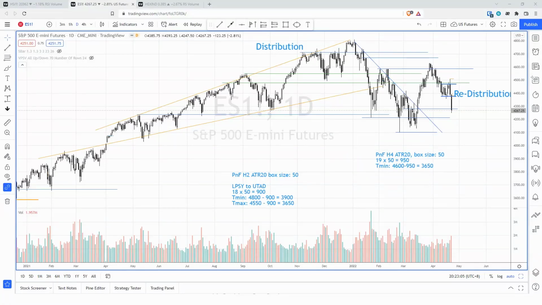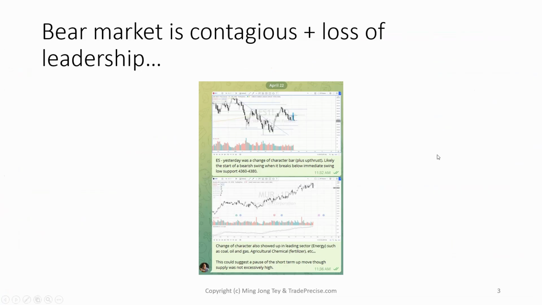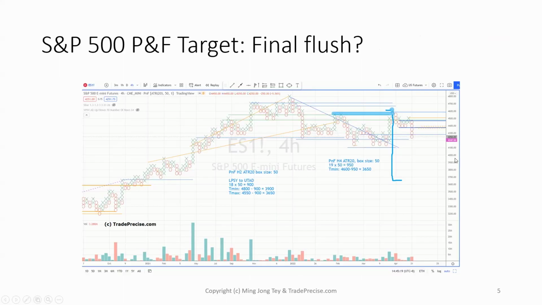All right, if we go back to the slides here, that is the S&P 500 point and figure target that I prepared earlier. You can see that I use an H4 time frame with a box size of 50, taking into account this segment here, and that works out to somewhere around 3600.